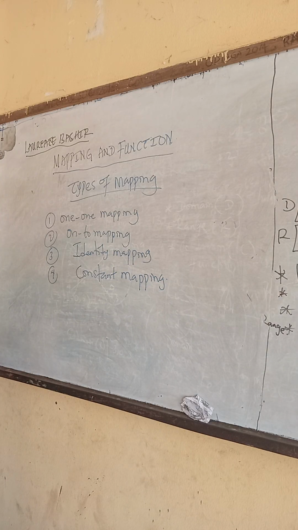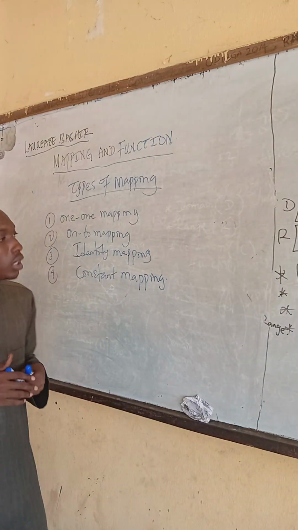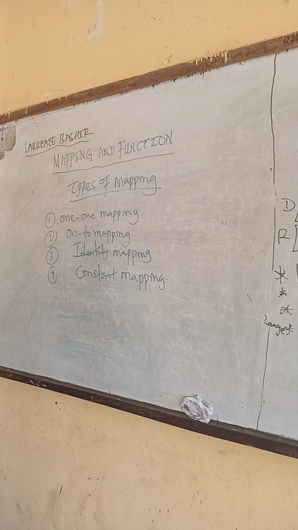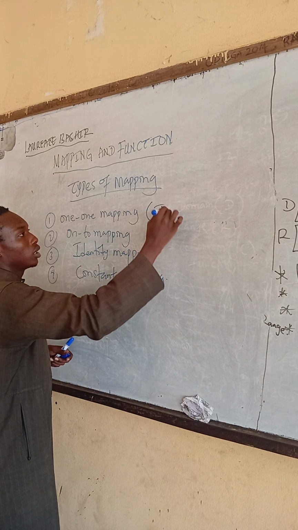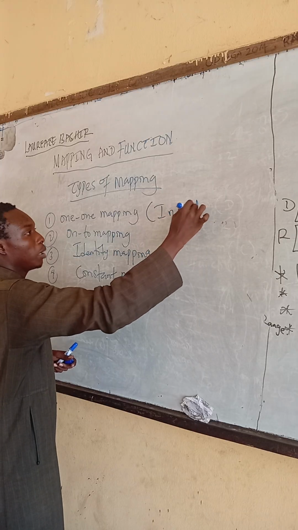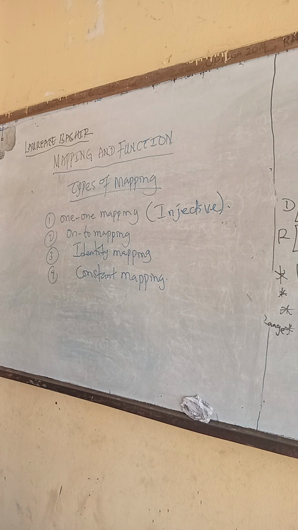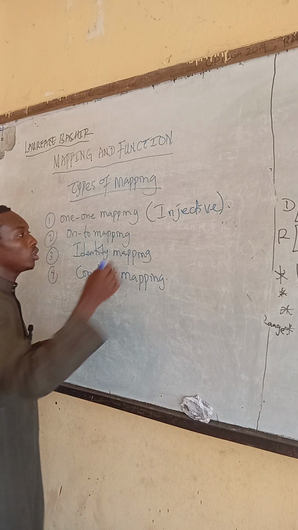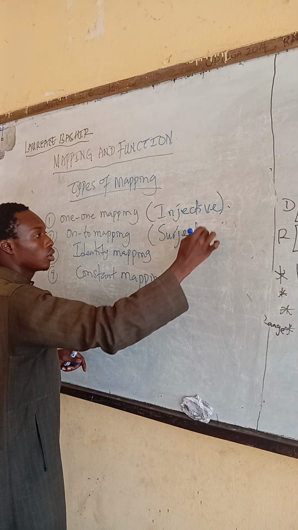Now, let me start from the first one, which is one-to-one mapping. A mapping is said to be one-to-one, or one-to-one mapping is also called injective mapping. Then the onto mapping is also called the surjective mapping.